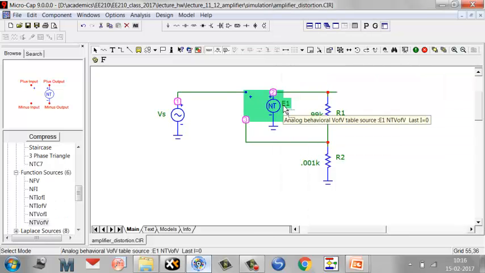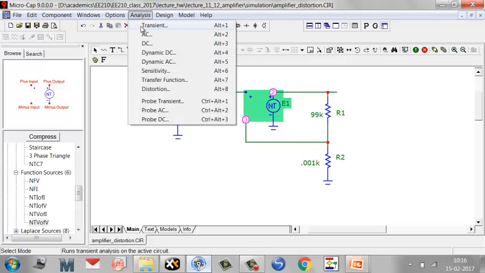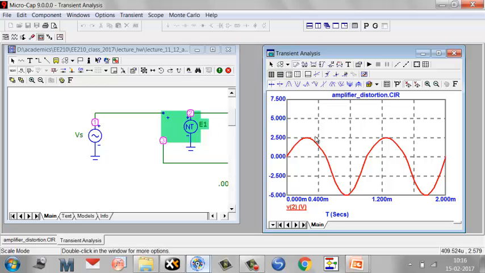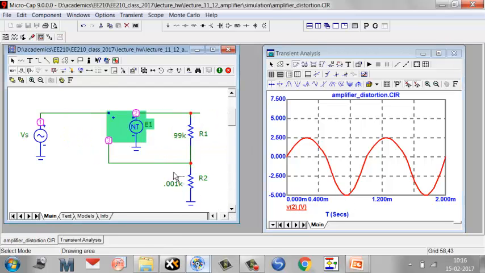So this is a nonlinear amplifier and this is our feedback. If I don't want any feedback, let's say I put a very, very small value here, then if I do transient analysis, look at the sinusoid, 2.5 here and 5 here. It's a highly distorted output sinusoid because there's hardly any feedback. Now suppose I put 1K here.